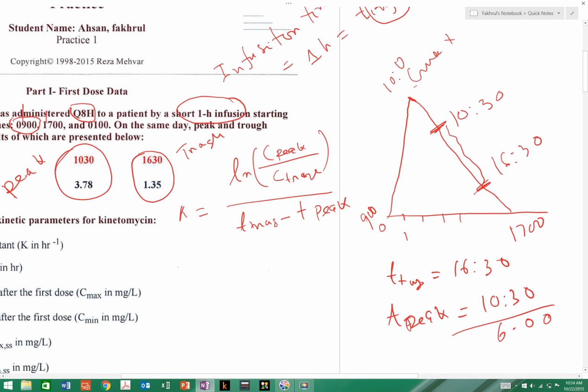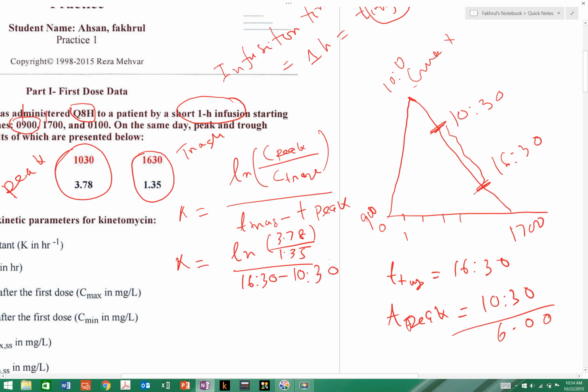So here is easy now. K is equal to ln, and peak is 3.78 and trough is 1.35, and time, which is T trough minus T peak, would be 1630 minus 1030.